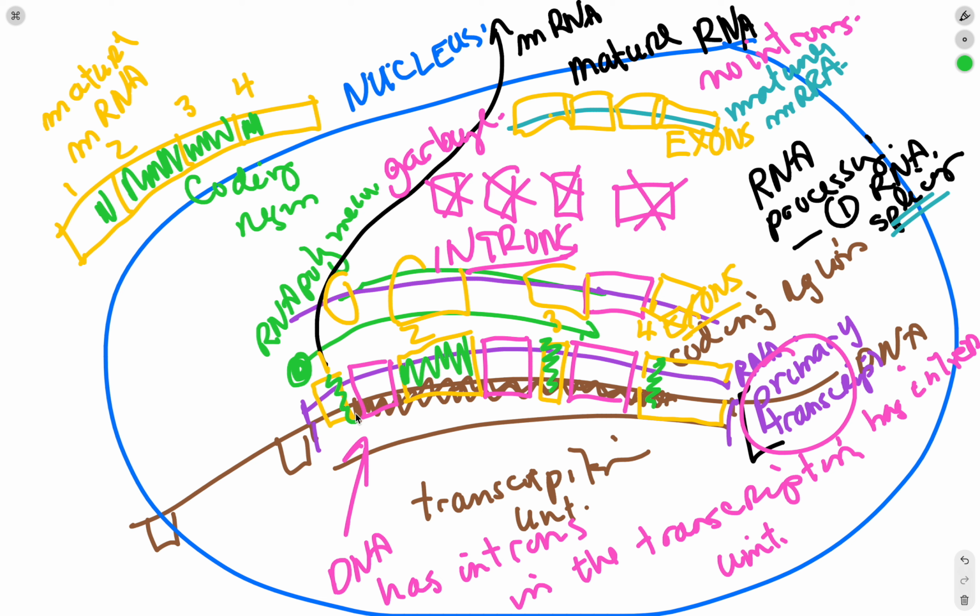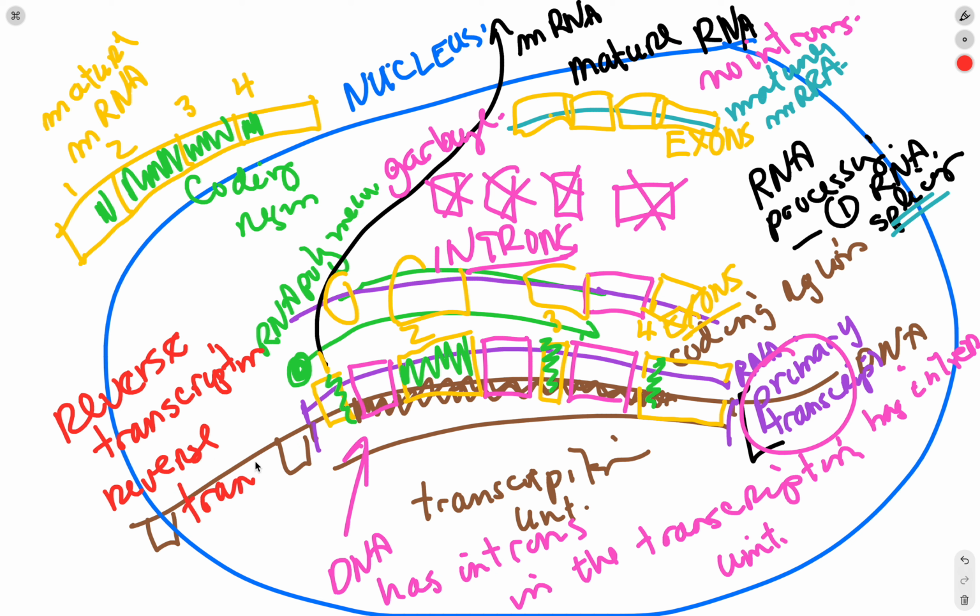And so what was done is companies took that enzyme, reverse transcriptase, and they took the gene from the retrovirus that codes for reverse transcriptase, and they put that gene into bacteria so they could grow the bacteria and harvest the reverse transcriptase protein, and they could sell it.